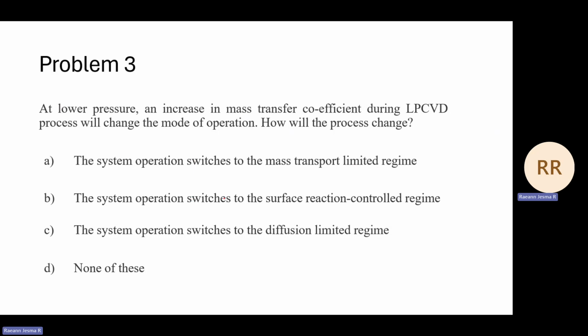B, the system operation switches to the surface reaction controlled regime. C, the system operation switches to the diffusion limited regime. D, none of these. So here LPCVD is low pressure CVD, low pressure chemical vapor deposition.